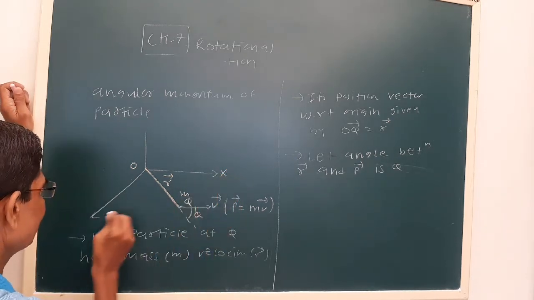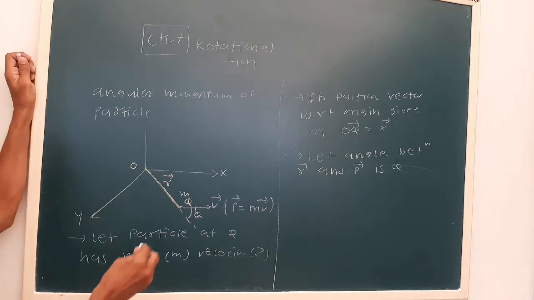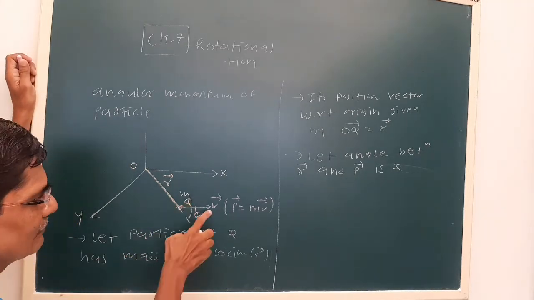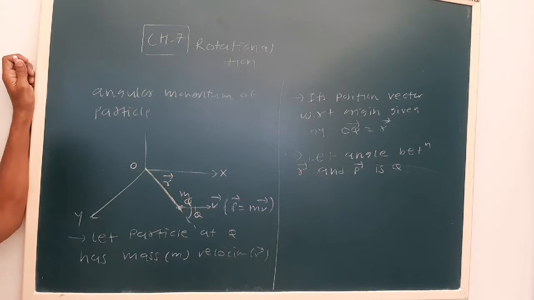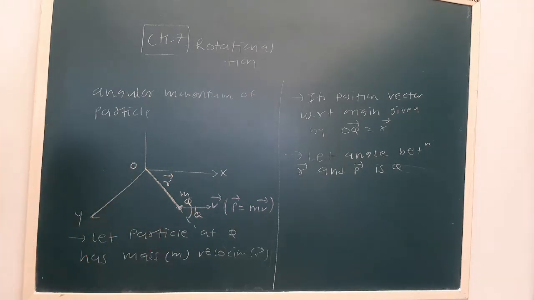Now this will be our xy axis. By mistake I have taken it here as v. But the particle of mass m is at Q, velocity is v, so the linear momentum will be P is equal to mv. Now the position vector is R, and the angle between R and P is theta.